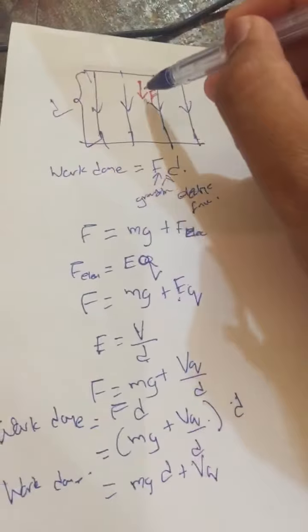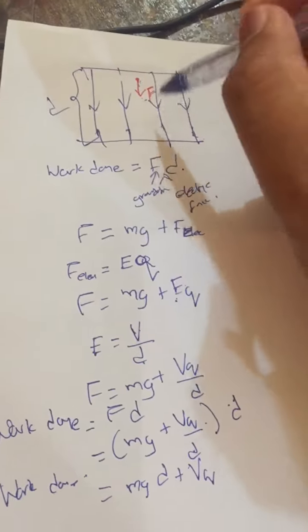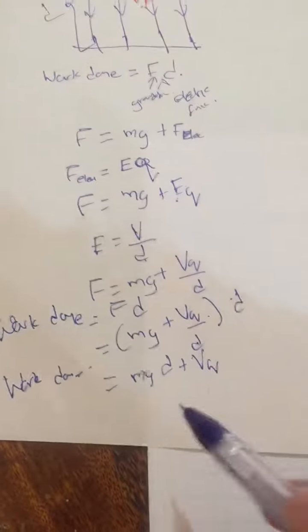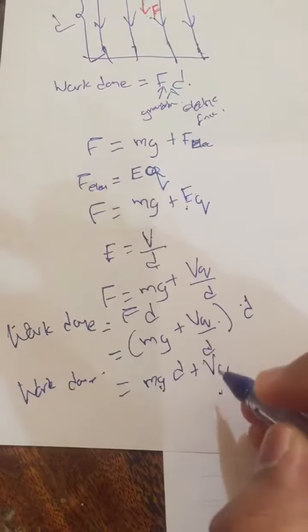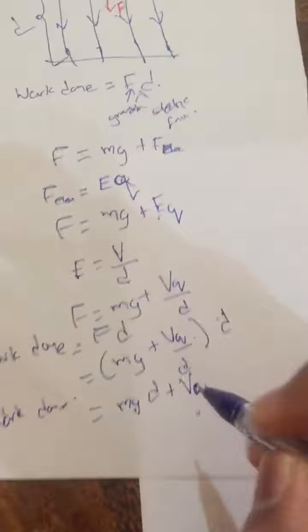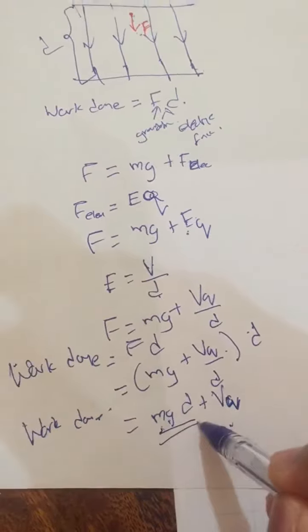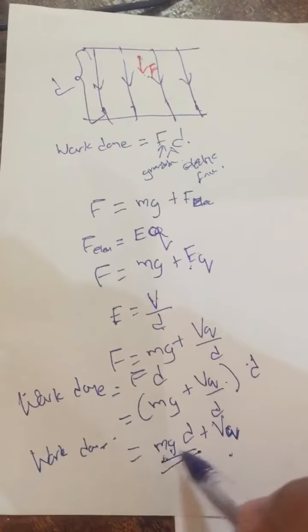Okay, now what happened to this work? So the gravitational force is also accelerating the object, the electric force is also accelerating the object. So the total work done, and you can see here, this is the loss in gravitational potential energy, mgh.